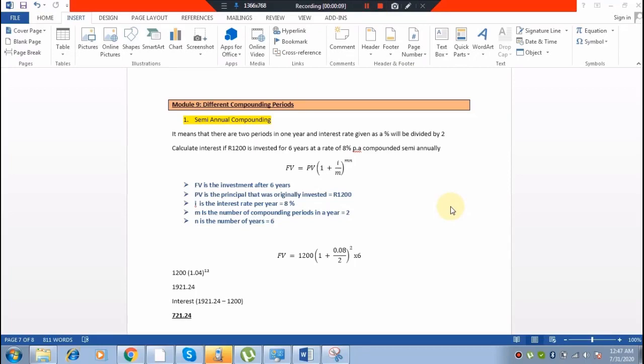Most of you have been complaining that I did not do justice to Module 9. You feel that I didn't cover the different aspects, in particular when it comes to calculating compounding interest using different periods.